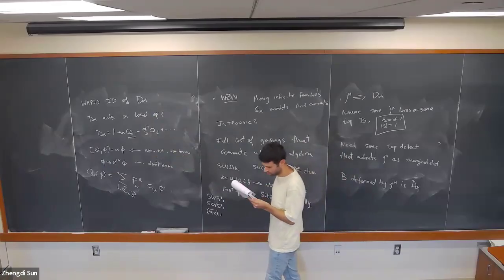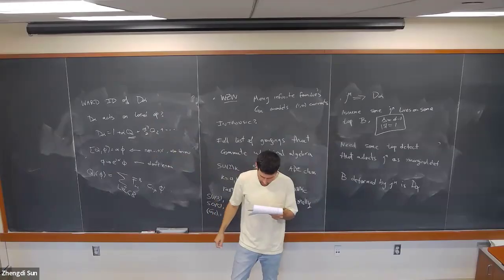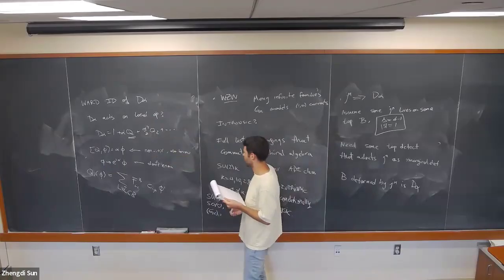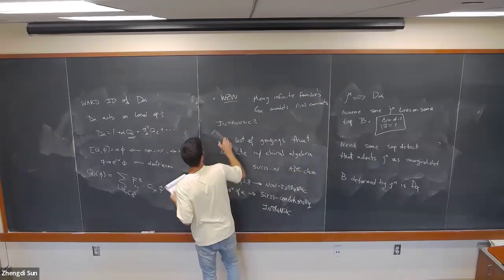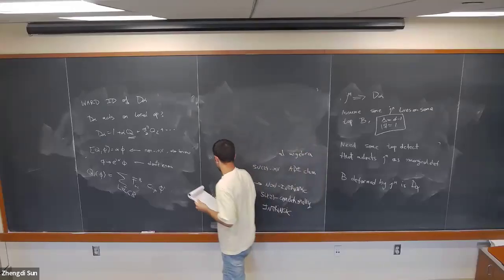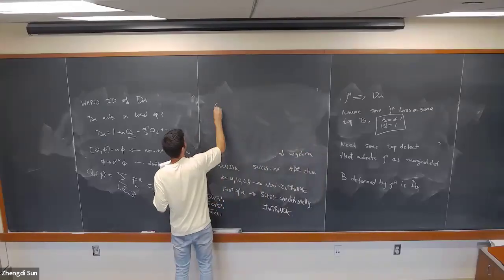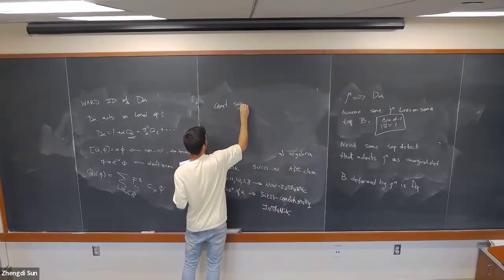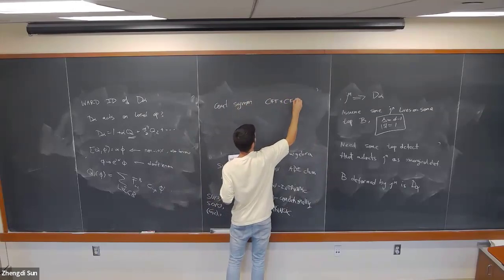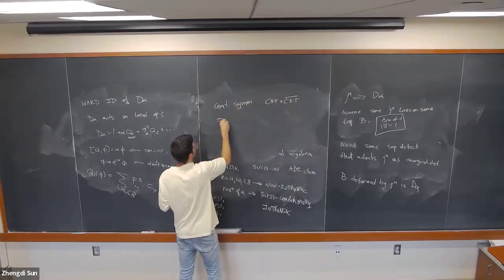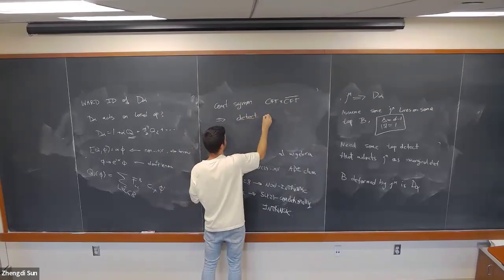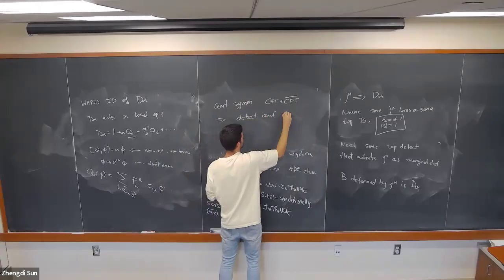There is a nice example that I'm not going to describe in a lot of detail, but there was a recent paper by Antinucci and collaborators where they argue that if you have a continuous symmetry on a product theory, CFT times CFT bar, this implies a defect conformal net.